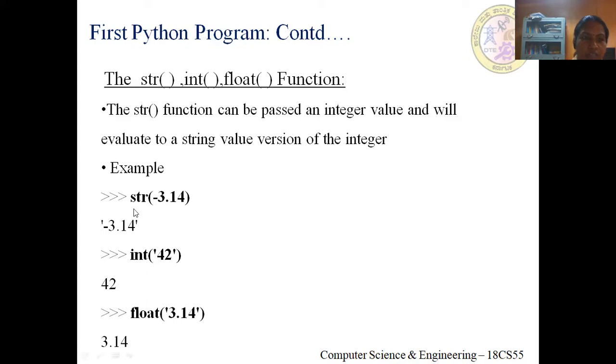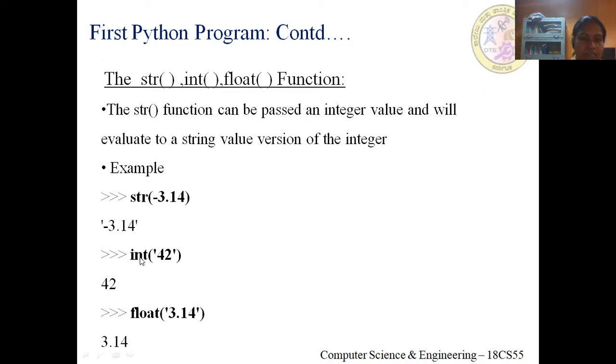For example, here I am passing a negative integer value, so this will be converted to a string. If you want to convert any integer or float value to a string, I'll call the function str and pass the value. So now minus 3.14 will be treated as a string.